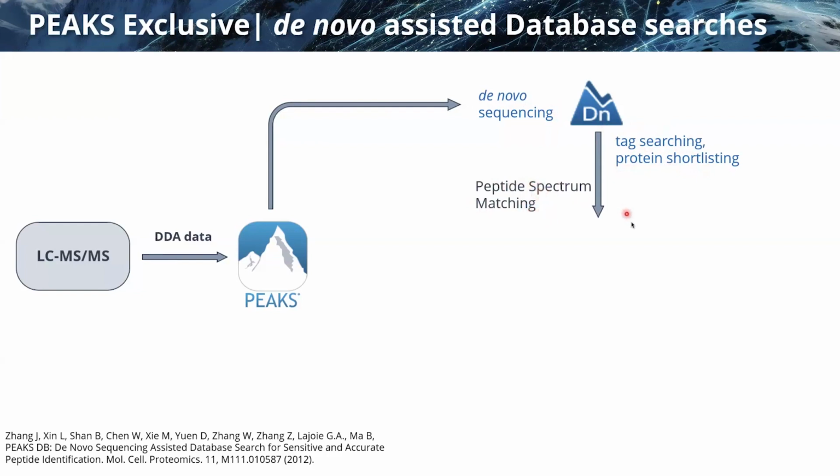And then in the identification results, what we will report basically is the peptide score, PSM score, for, again, each identified peptide. And there are many different parameters that are involved in the calculation of this score, but I just want to point out that one of the parameters is, in fact, the similarity to the de novo sequence derived by this algorithm.